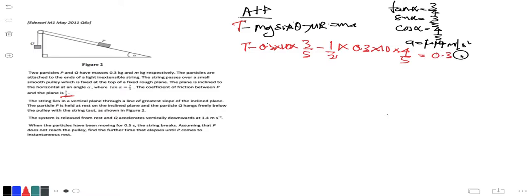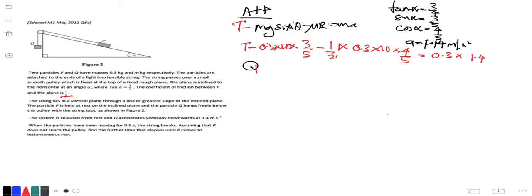T minus mg, which is 0.3 times 10, times sine alpha, which is 3/5, minus mu, which is half, times R, which is mg cos alpha, so 0.3 times 10 times 4/5, equals ma, which is 0.3 times 1.4.